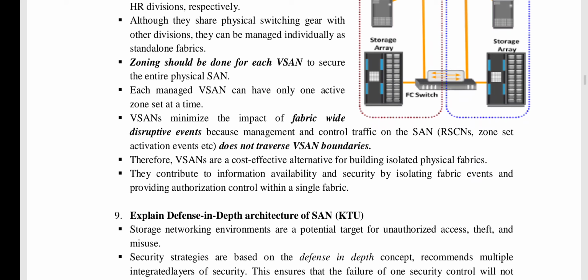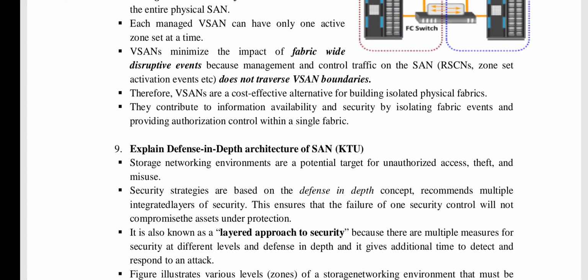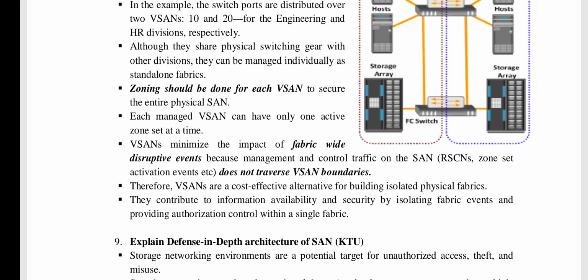So that is the use of having vSANs. They minimize the impact of disruptive events along the fabric. Concluding, it is a cost-effective mechanism. So these are the four security mechanisms in SAN.